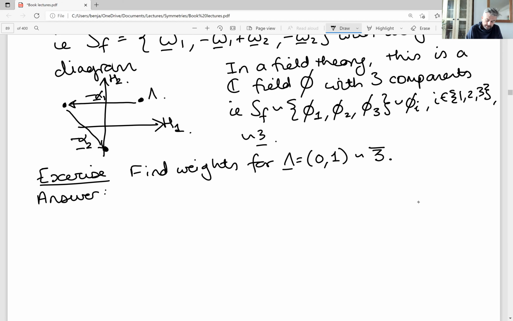You should do it yourselves, but you should find the following. The highest weight lambda is here, then this is minus alpha 2, and then we get minus alpha 1. We can see that we get the same weight diagram by taking the original one of the fundamental representation and reversing the axes.